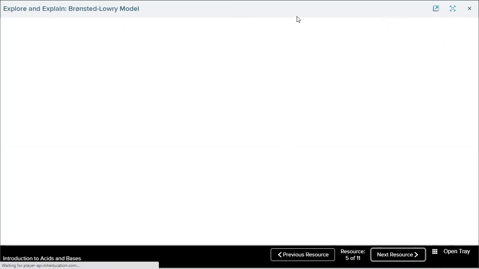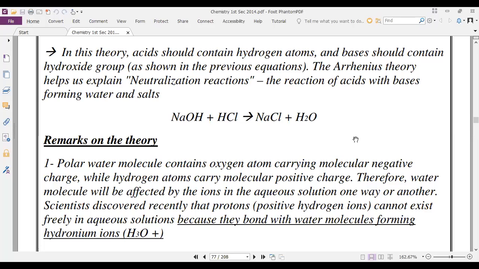Now let's go to our page, remarks on the theory. Number one, the polar water molecule contains an oxygen atom carrying a molecular negative charge, while hydrogen atoms carry a molecular positive charge. Therefore, the water molecule will be affected by the ions in aqueous solution, one way or another. Scientists discovered recently that protons, positive hydrogen ions, cannot exist freely in aqueous solution.